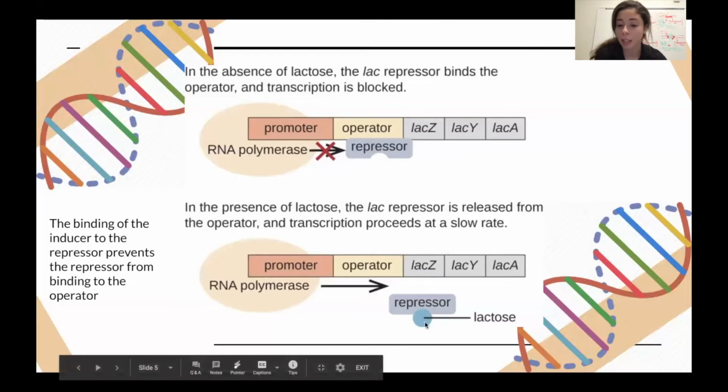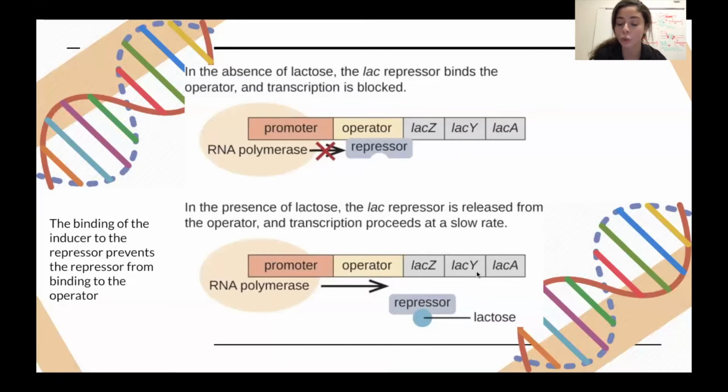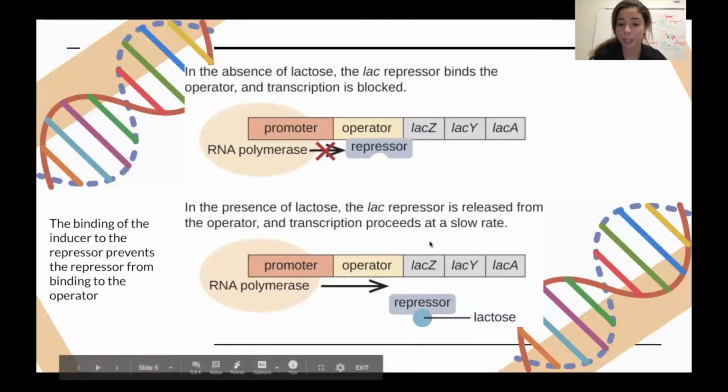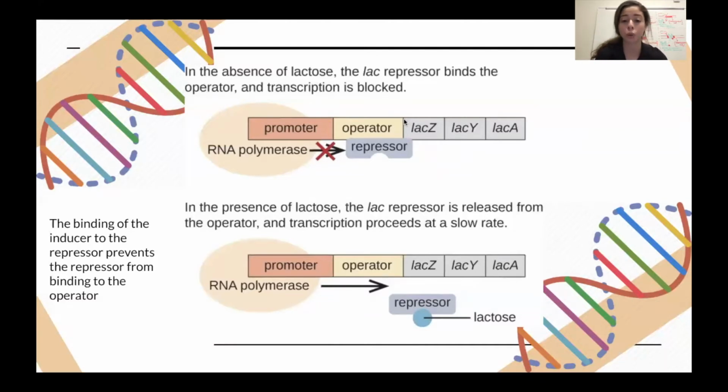Here, we see that lactose is able to bind to the repressor and move it away from the operator site, disallowing it to bind to the operator. In that way, RNA polymerase is allowed to go ahead and transcribe the lac genes at a slow rate. But what you need to take away from this is that transcription is normally turned off.